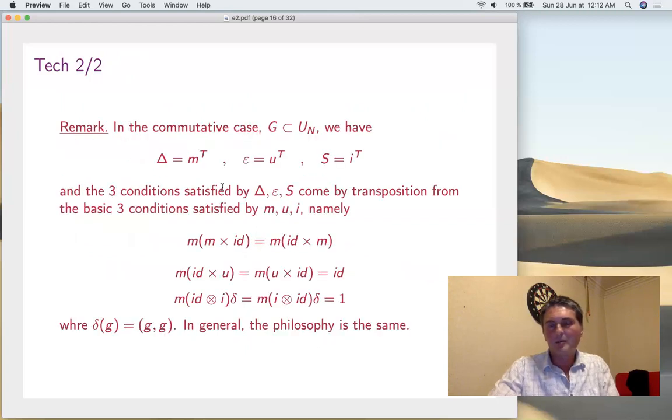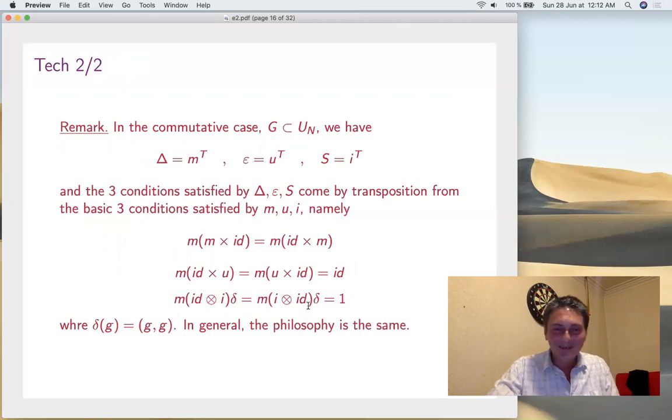Because in the commutative case, remember delta, epsilon, S were the transposes of multiplication, unit, inverse. Multiplication, unit, inverse satisfy the group axioms: multiplication is associative, the unit is the unit, and the inversion satisfies this, which is somehow notation for g g^{-1} is 1.